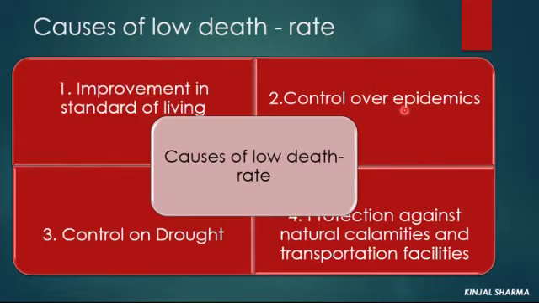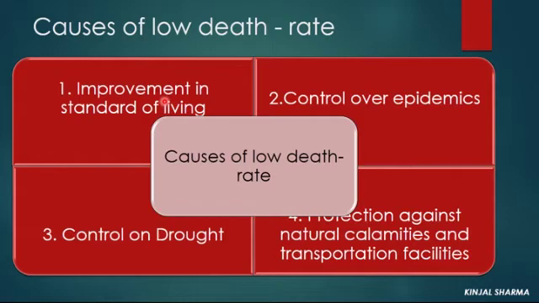Control over epidemics, that is control over threatening diseases like measles, malaria, etc. Control on drought. Agriculture will be abundant, otherwise, if drought is there and you have not managed it properly, then there will be scarcity of food even in certain areas. And last one is protection against natural calamities like tsunami, floods, etc. Let us study in detail.